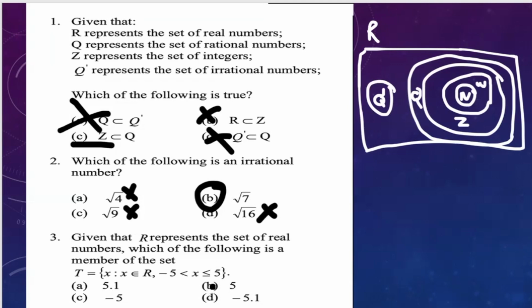The number 5, because this is equal to, it's in the set. -5, there's no equal to, so we can't use it. And -5.1 is over this side, so it's not in the set. So that's why the answer is B.